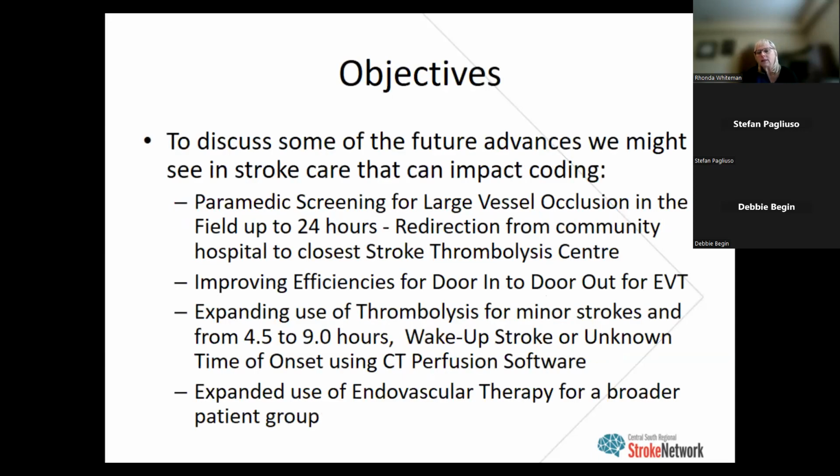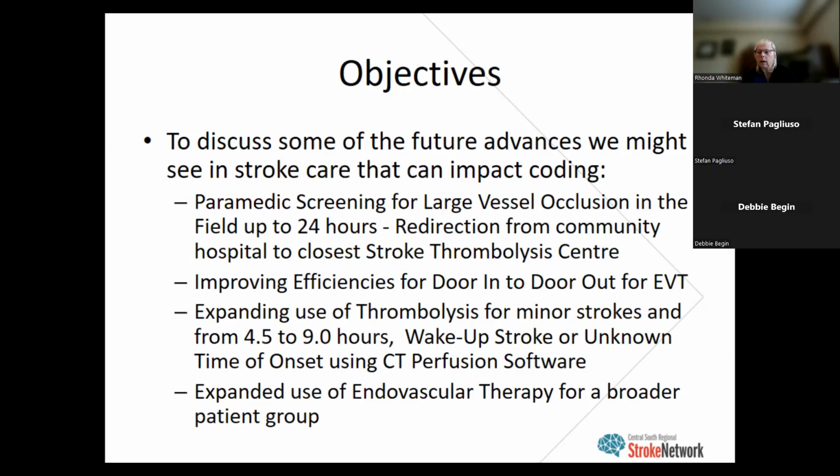So some of the things that I think you'll continue to see moving forward is, again, we may see changes with redirection of patients from the community hospitals with the paramedic screening for large vessel occlusion in 24 hours.